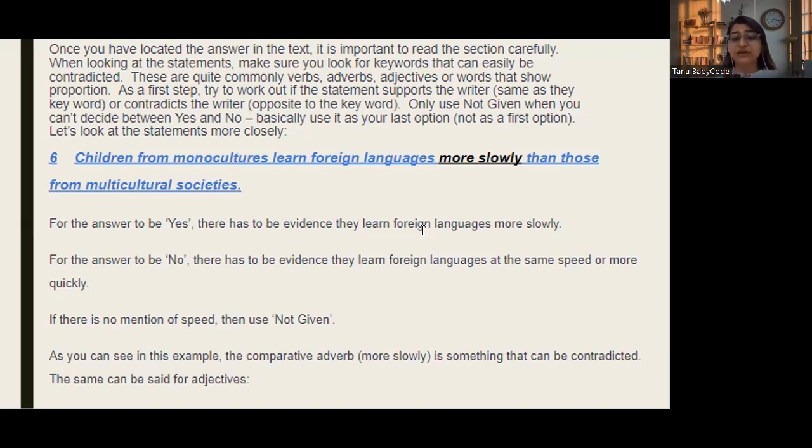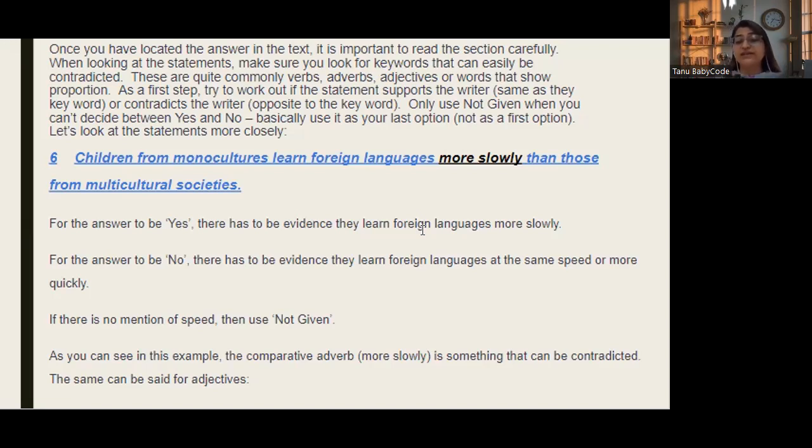Look at the statements more closely. Now let's do the first statement. Children from monoculture learn foreign languages more slowly than those from multicultural society. If you want this answer to be yes, then there has to be evidence that they learn foreign languages more slowly than the multicultural society.